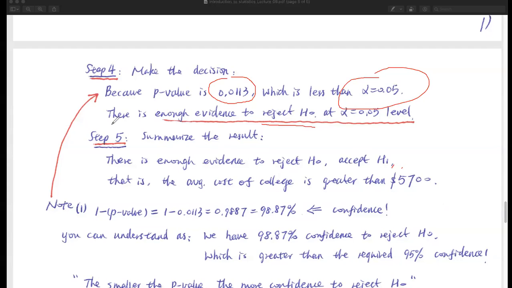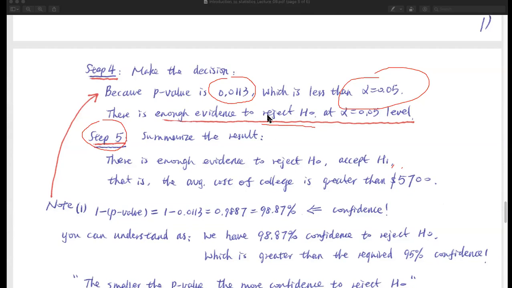Right? So step number 5 is to make a summary based on your decision from step number 4. When you say reject H0, what does that mean? That's not human language. So we want to explain this in human language to say what's happening, right? So what's H0 here, everybody? Let's go back.